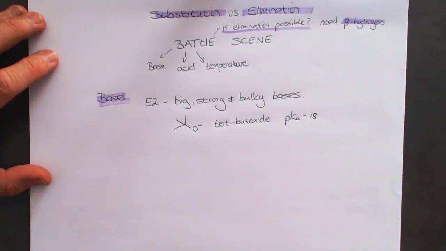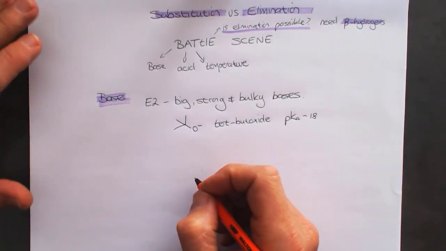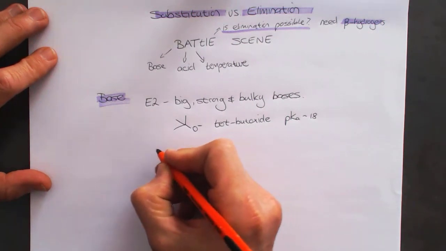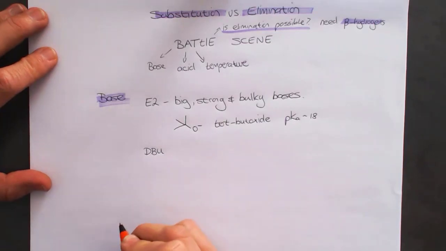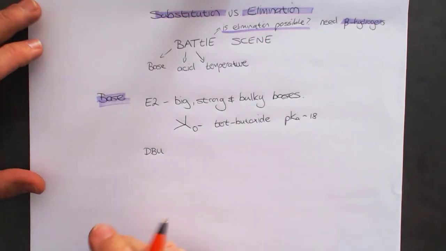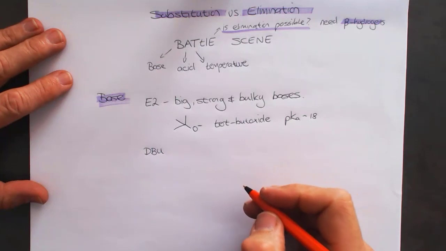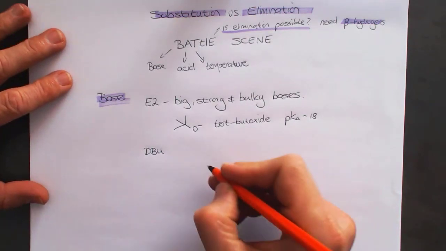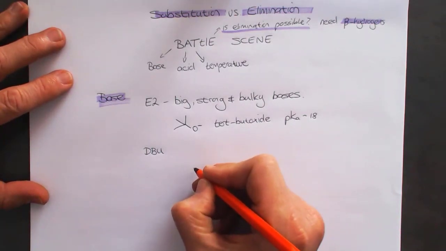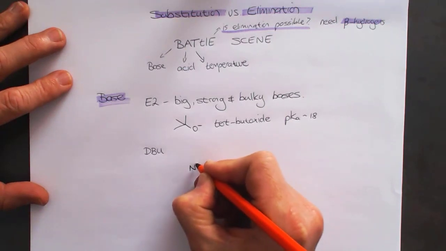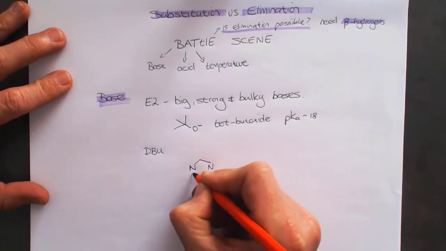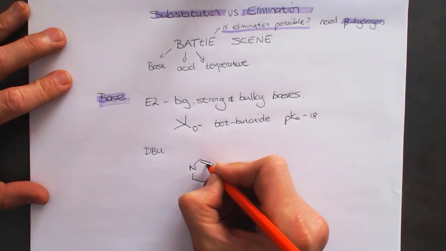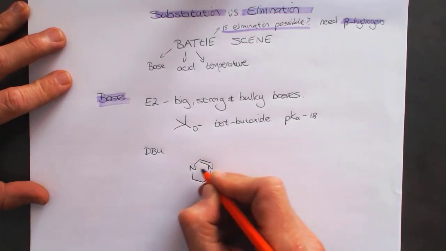In this course, though, I do need to introduce you to a brand new base, which has the very simple name of DBU. And whilst it has that simple name, it is actually quite a complicated structure to draw. Well, not so complicated, but just a little bit more unusual. So here it is. It's essentially two cyclic rings. The first is like a 6-membered ring over here with 2 nitrogens in them, and there's a double bond between those two over there.